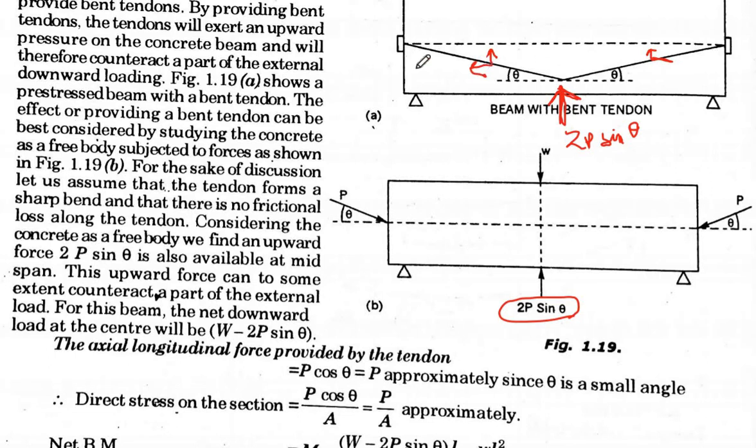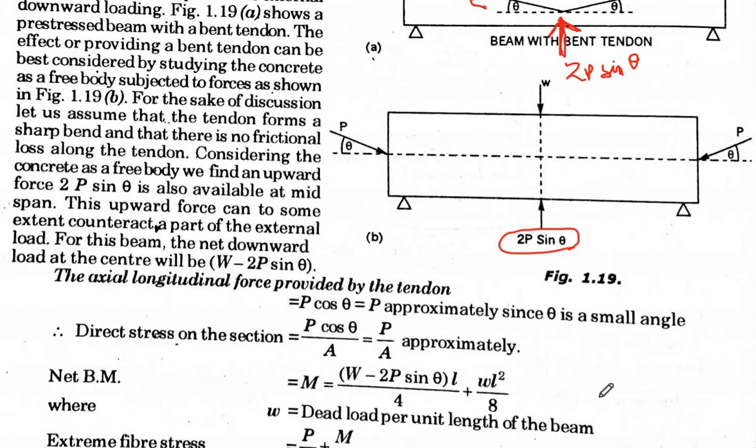So the axial longitudinal force provided by the tendon is P cos theta, which can be taken as approximately P. Why? Because theta is very small here, and the direct stress on the section will be P cos theta by A. But since theta is very small, we will consider it to be P by A approximately.